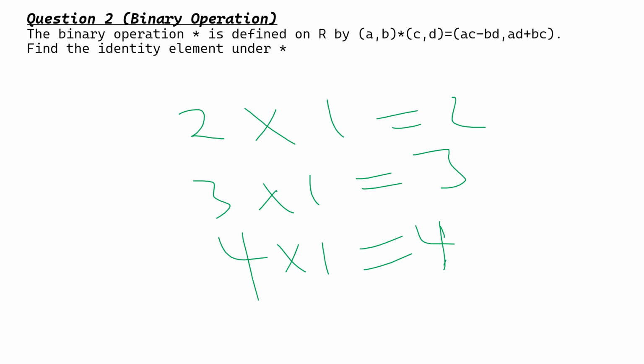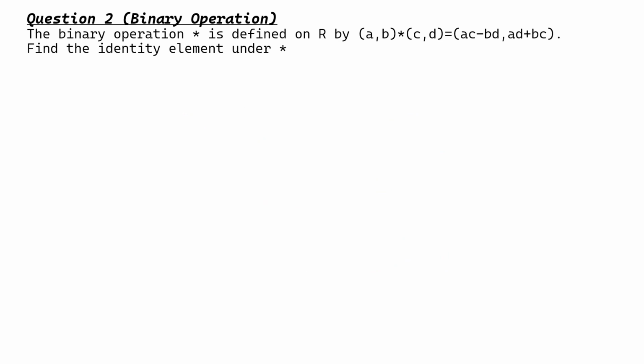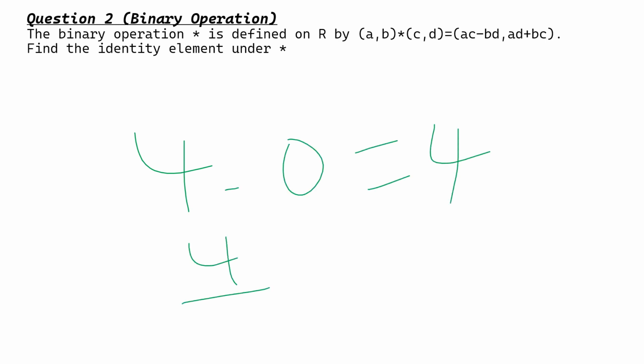Simple. For subtraction, when you have 4 minus 0, you get 4. For division, 4 divided by 1, you get the same number. 5 divided by 1.